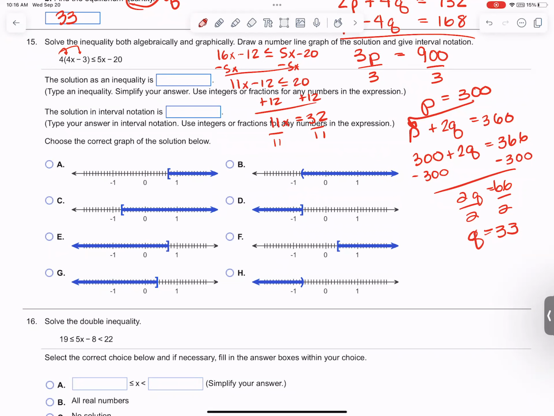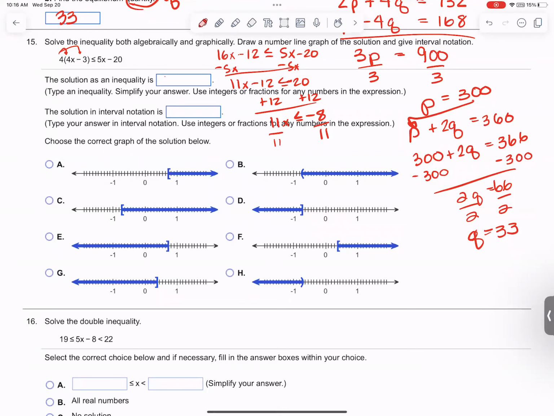16x minus 12. Oh, I lost my 5x minus 5x. That's right. I lost my minus in front of my 20, folks. That is a -20. -20 plus 12 is -8. So x is less than or equal to -8/11.